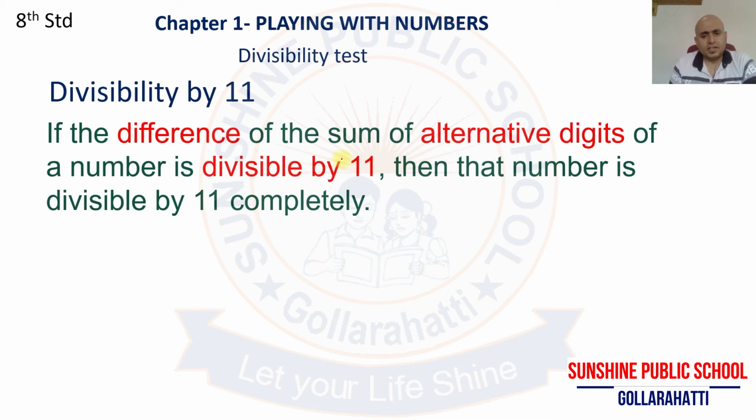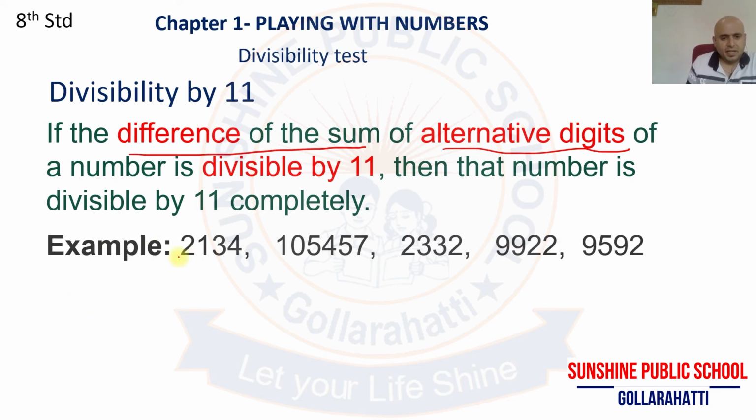If the difference of the sum of alternate digits of the number is divisible by 11, then that number is divisible by 11 completely. You have to find the difference of the sums of alternate digits. Looking at an example will make it clear.